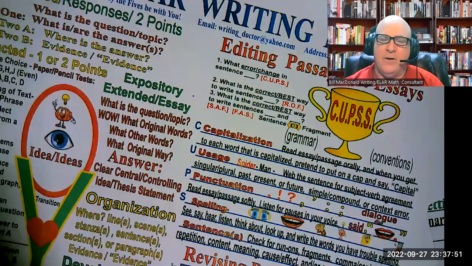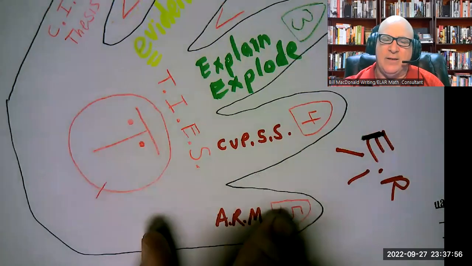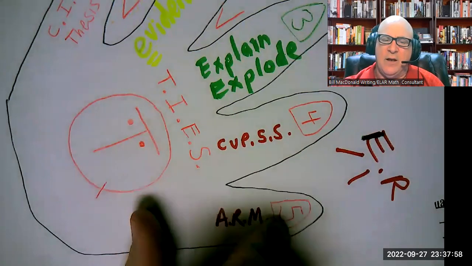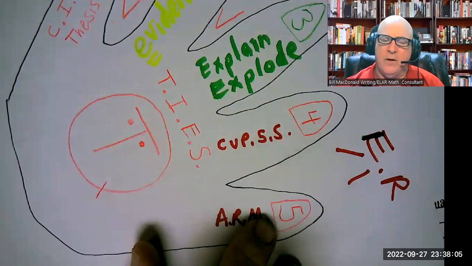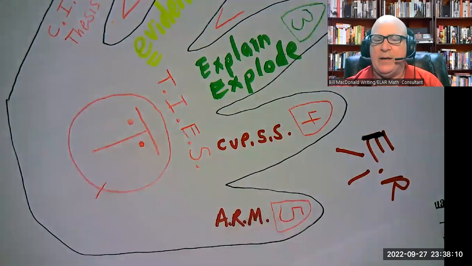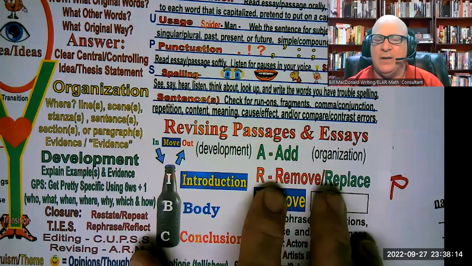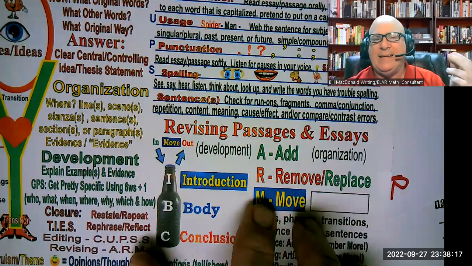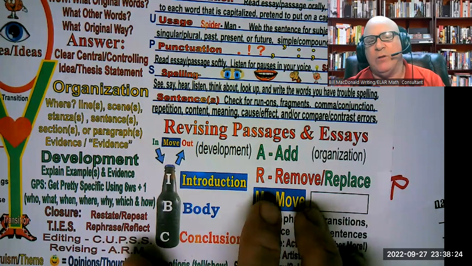Then we have our 5th point, because we want to make sure we have good editing and revising. The editing is the fixing and improving of conventions, and revising is the improving of content. And we have ARM there. So what is ARM? When you add, remove, replace, or move content once you're done by rewinding or backspacing over your typing to eliminate ideas that really don't fit well together.